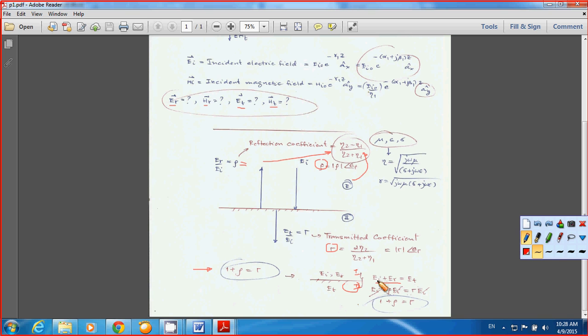The incident field plus reflected field equal to transmitted field, and you represent ER by rho multiplied by EI, and you represent ET by tau multiplied by EI. So you just divide the equation by EI, you end up with 1 plus rho equal to tau, or the transmission coefficient is going to be equal to 1 plus the reflection coefficient.